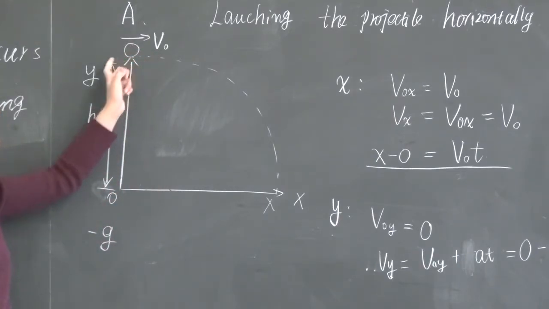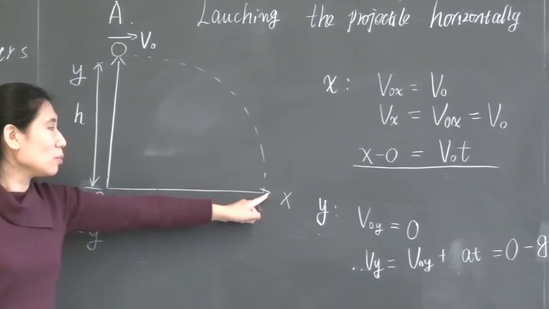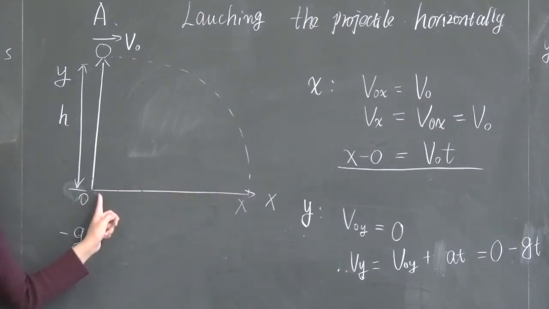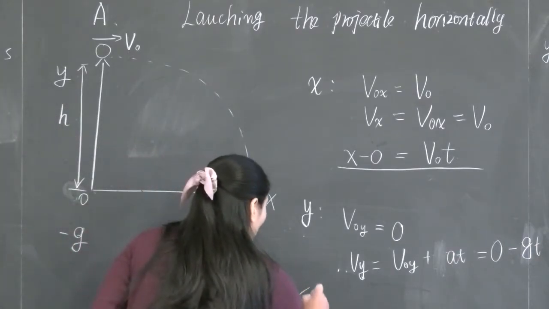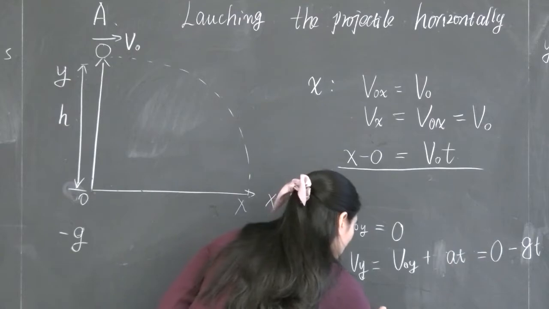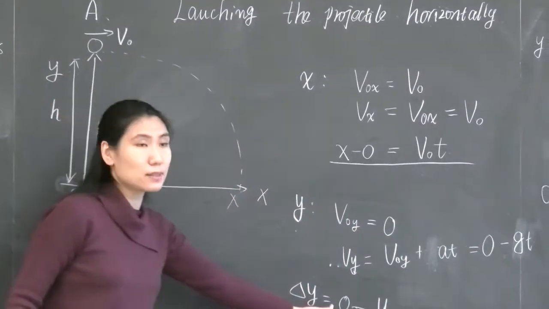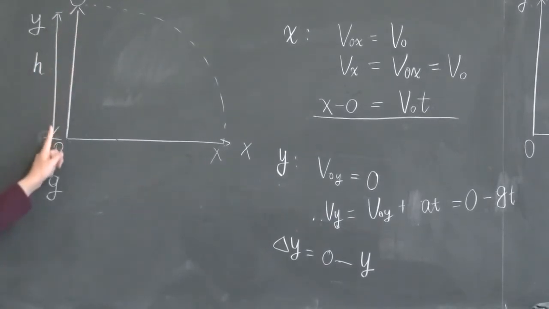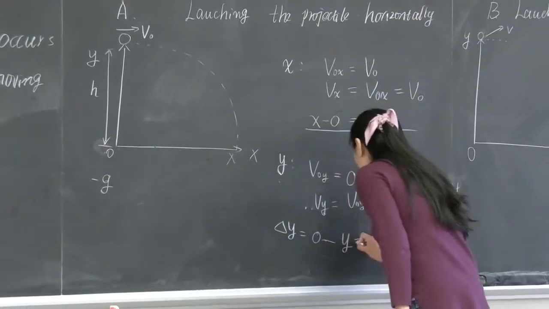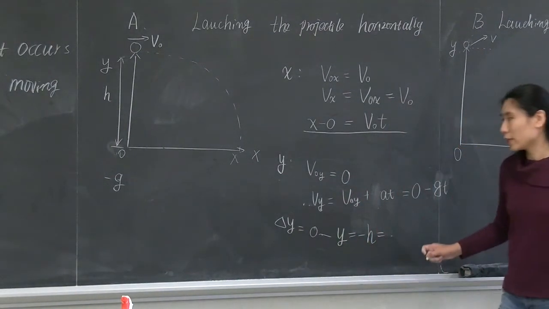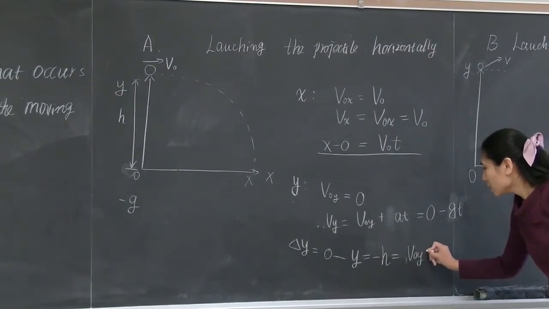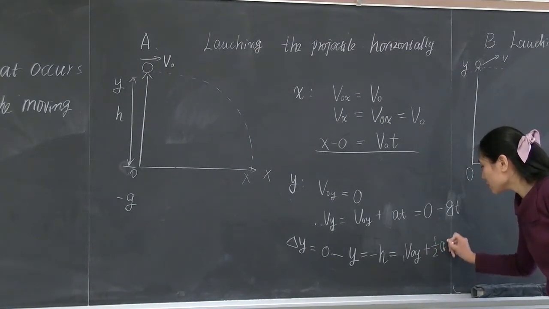And the displacement along the y direction: initially, suppose the position is y, and the final position is 0. When the ball falls on the ground, the y value becomes 0. So delta y will equal the final position, 0, minus the initial position y, which is negative h, because h is the height of the ball's initial position. So negative h equals v naught y t plus 1 over 2 a t squared.